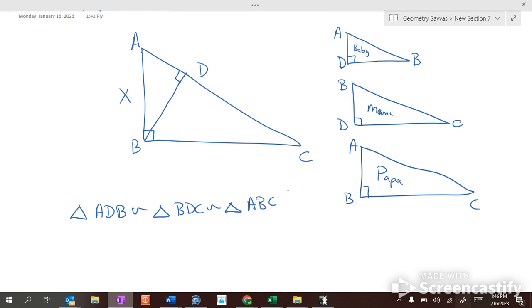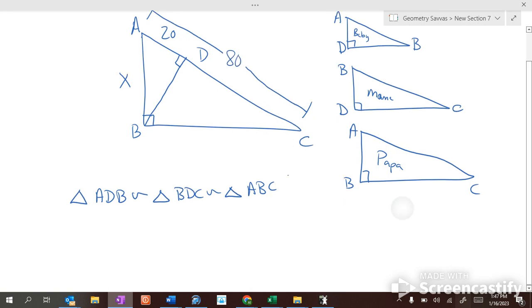Now, if we put numbers in, let's go X there, 20 there, let's go 80 here. I don't know. Let's see how that works. So how do I figure out what X is?